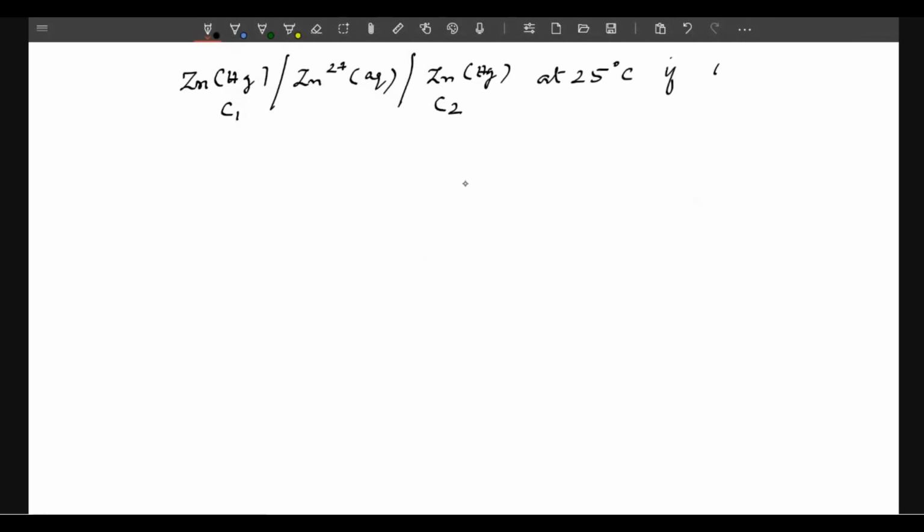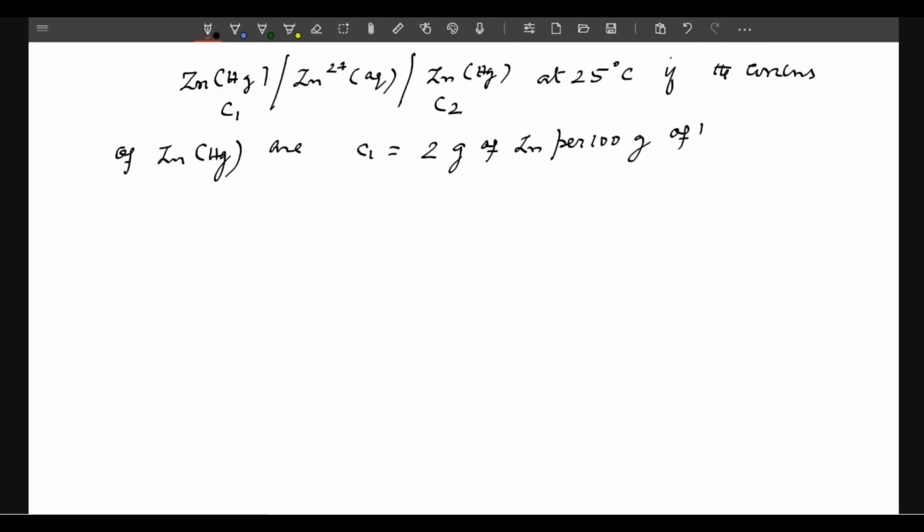If the concentrations of zinc amalgam are C1 equal to 2 gram of zinc per 100 gram of mercury, and C2 is 1 gram of zinc per 100 gram of mercury.